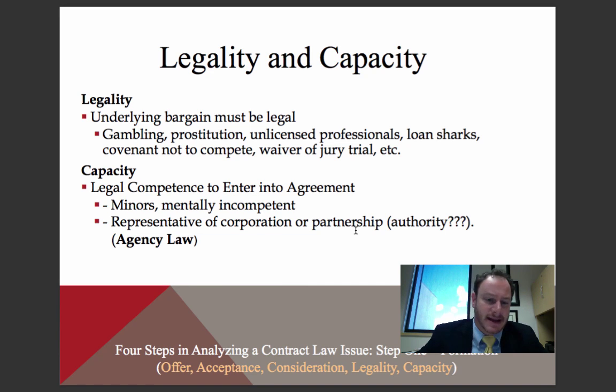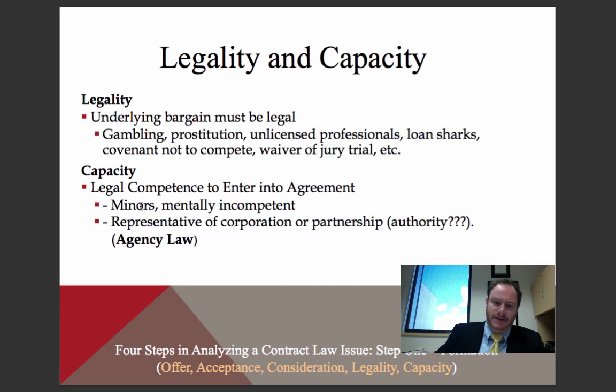And then finally, capacity. Any sort of mental infirmity or something that prevents someone from knowing the nature and quality of their actions means that they're legally incompetent.